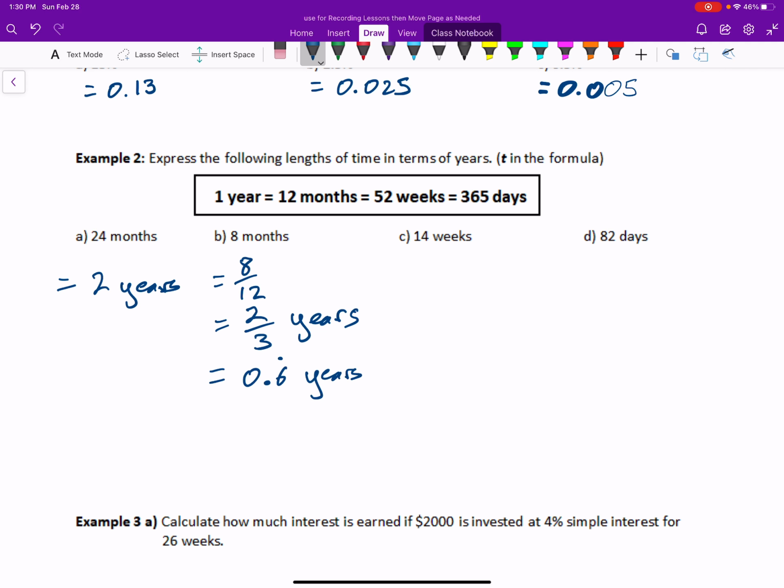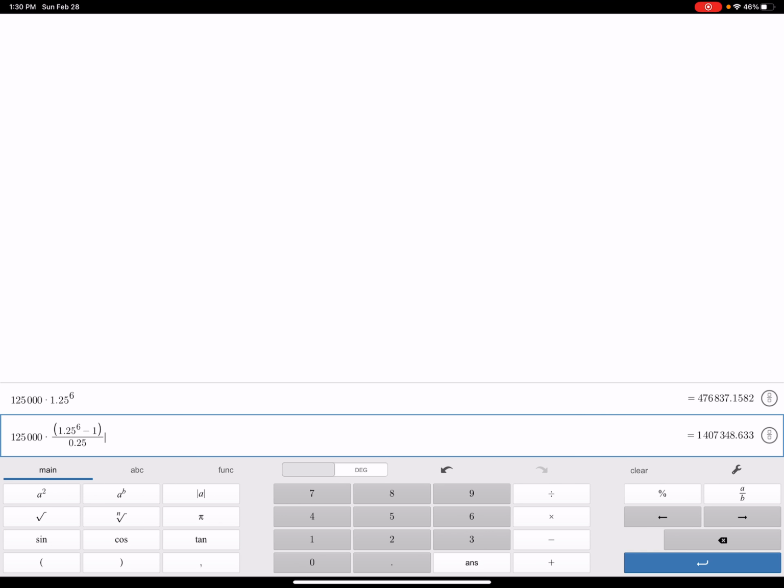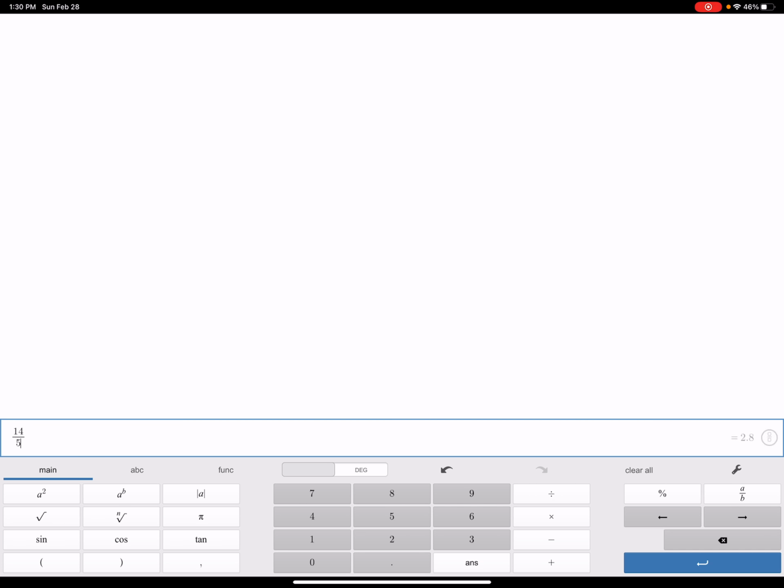14 weeks, well, I would divide that by 52, wouldn't I? And again, probably best to have it as a decimal. 14 divided by 52 is 0.269. I'll go to 3 decimal places here.